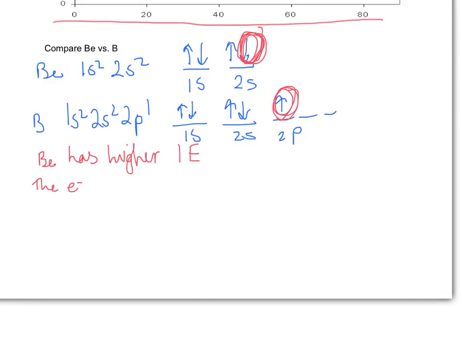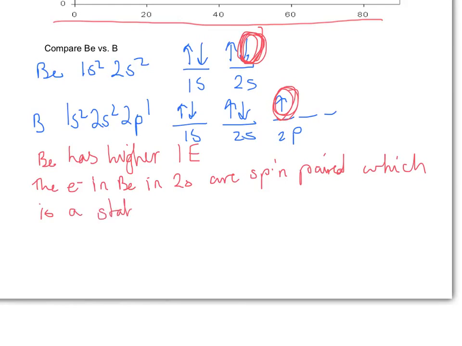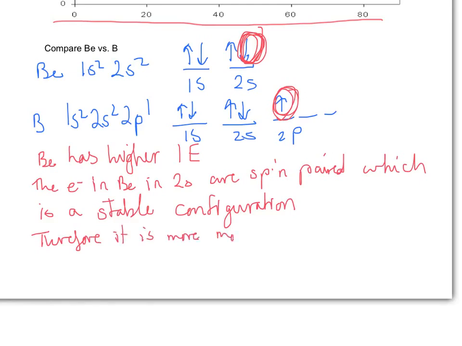The electrons in beryllium in 2s are spin paired, which is already a stable configuration. So therefore, it is more difficult to remove an electron.